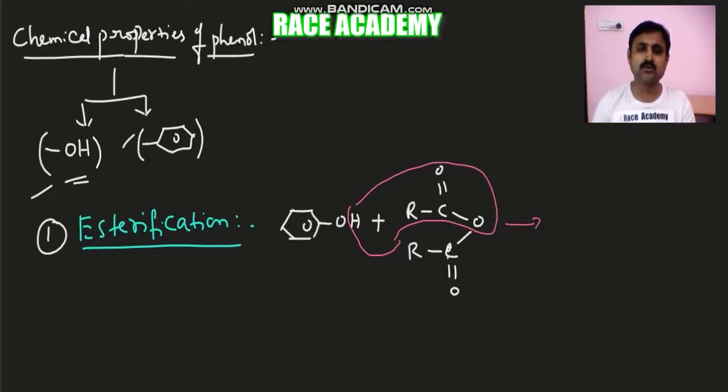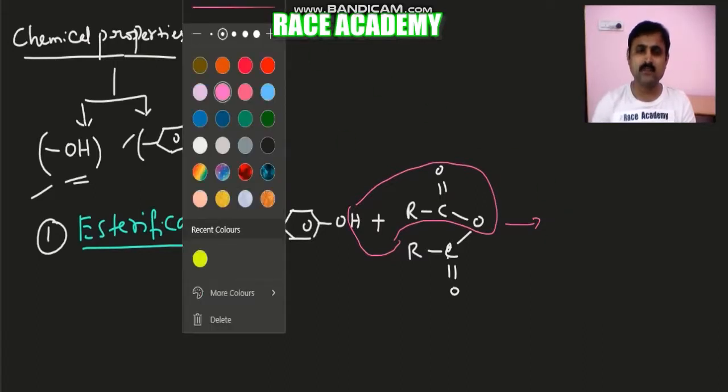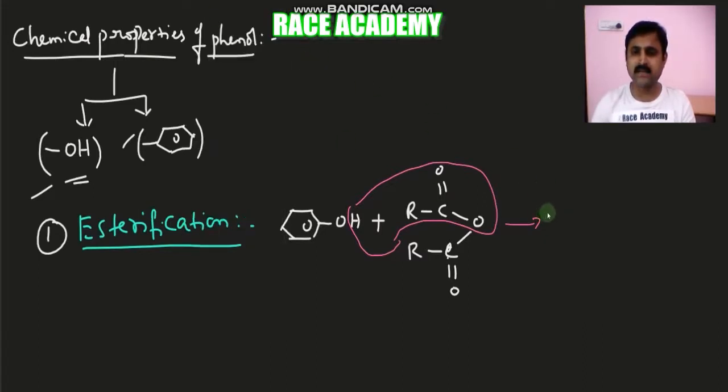So if you write it correctly, you will get a compound called phenyl ester. I'll write it as a phenyl ester, O, C double bond O R. So this we will call phenyl ester.